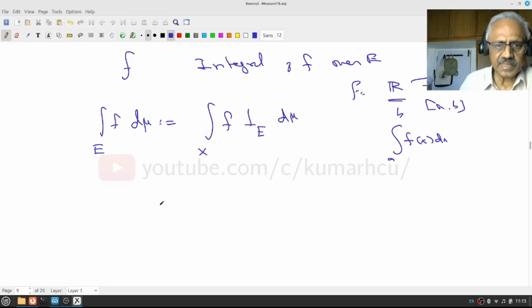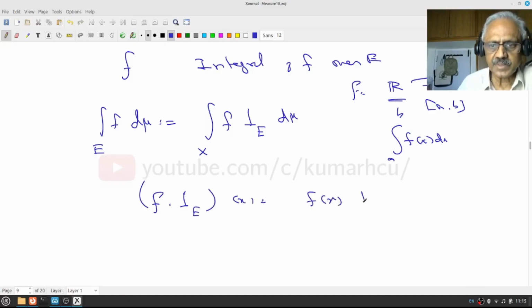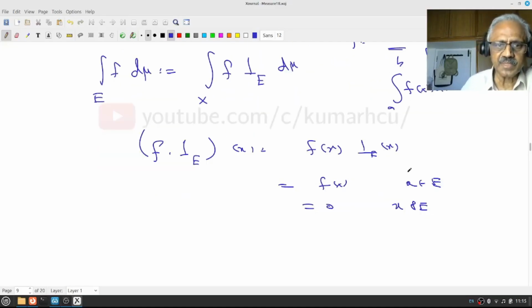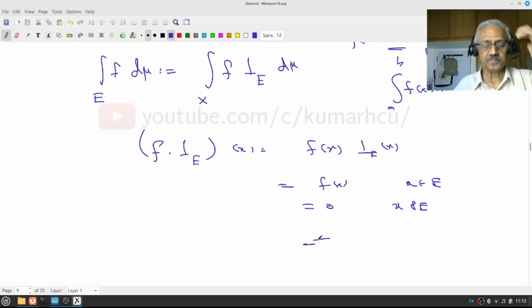Notice that (f times indicator of E) at x equals f(x) times indicator of E at x. This is equal to f(x) if x is in E and 0 if x is not in E. So it is the same as saying I am extending by zero. Okay, this is clear? And this is measurable, therefore this is measurable.